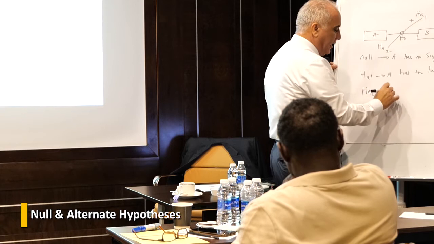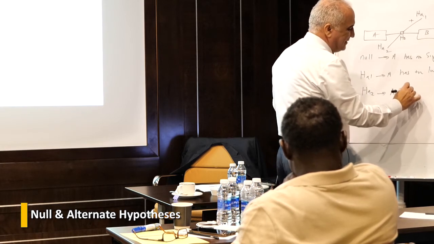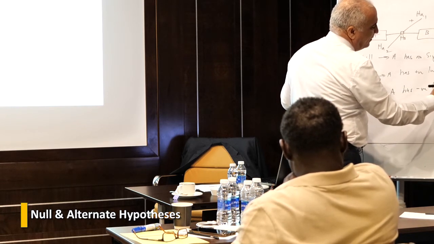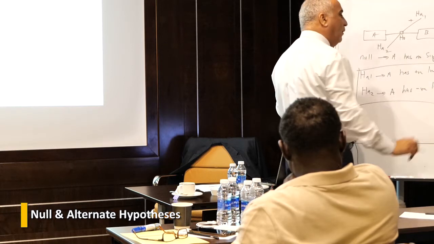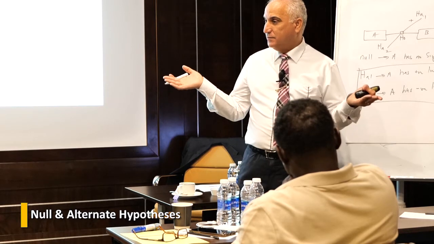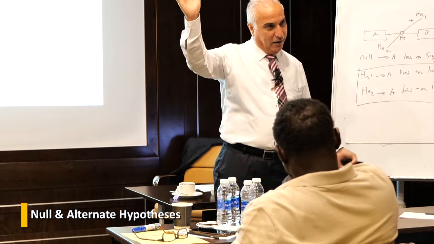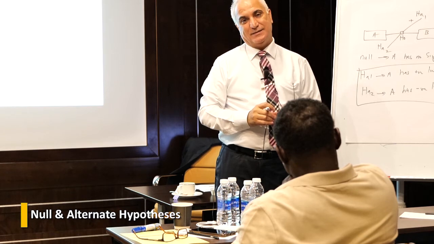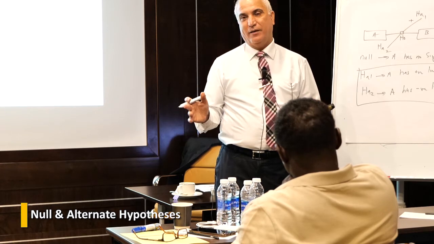We say A has a negative impact on B. In this case, our alternative hypothesis has a direction, right? Up and down. We call it a directional hypothesis.